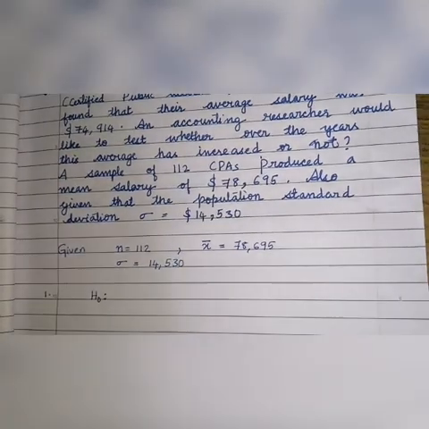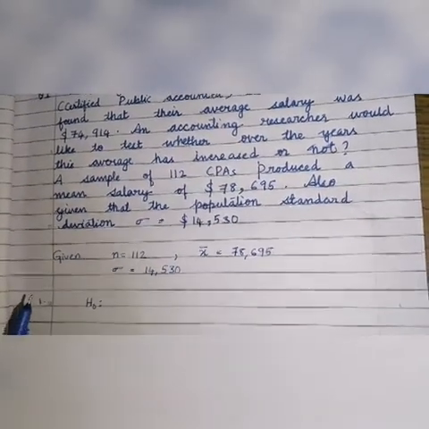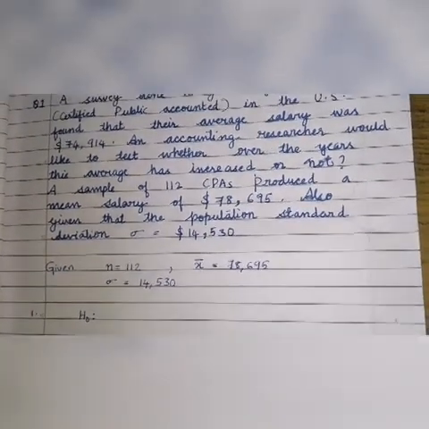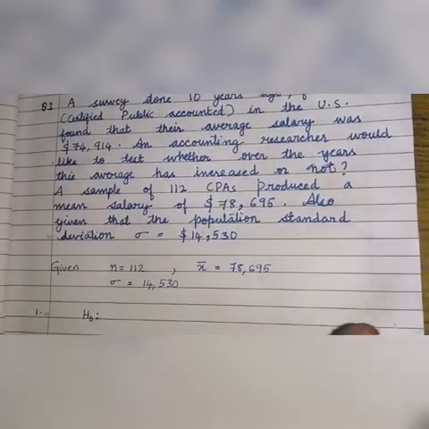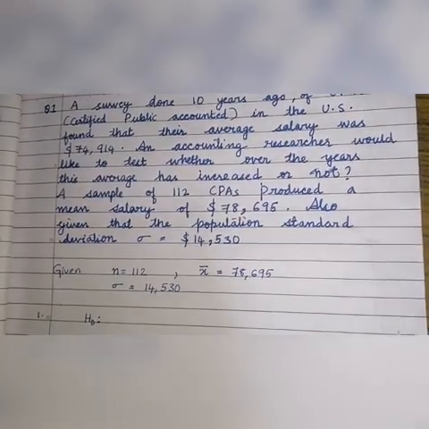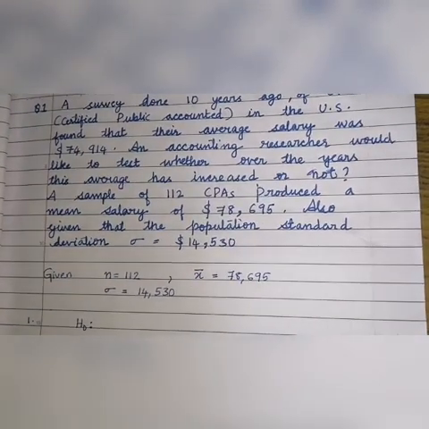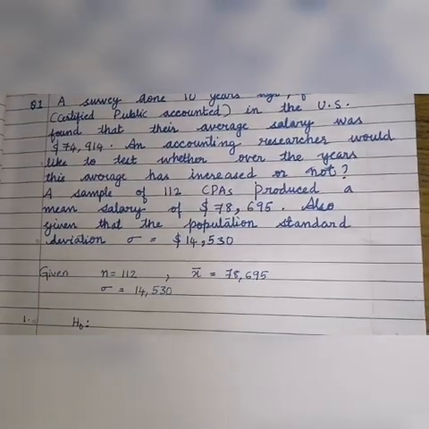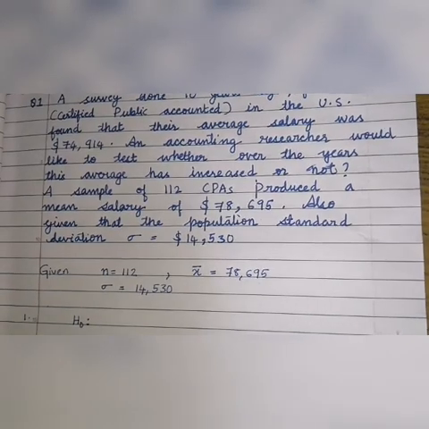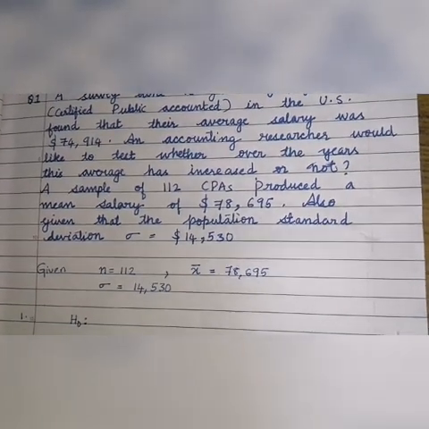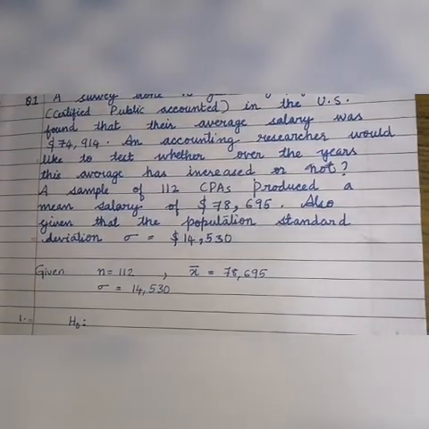Remember, every time you write a null hypothesis, use the word no there. It has not increased will be the basic null hypothesis. It has increased will be the alternative hypothesis. We try to accept the alternate hypothesis most of the time, but let us see what happens in this case.